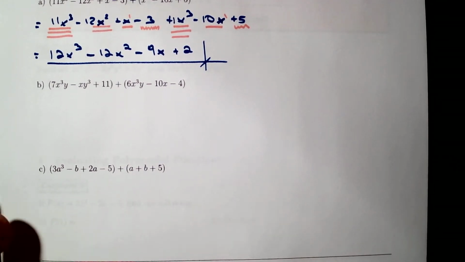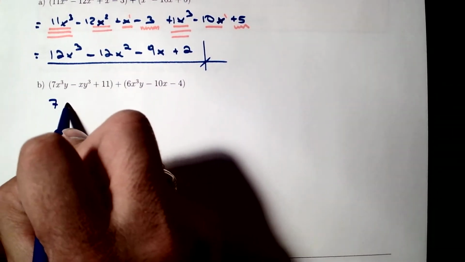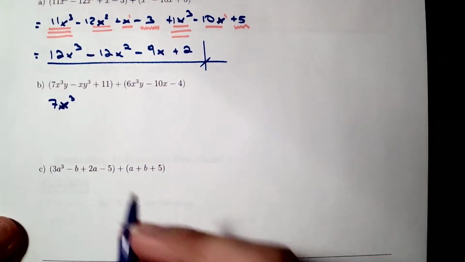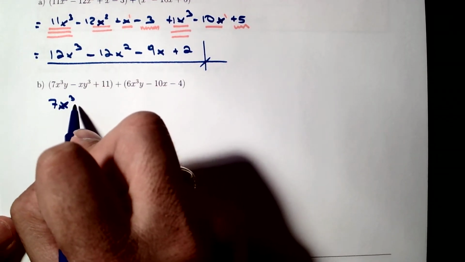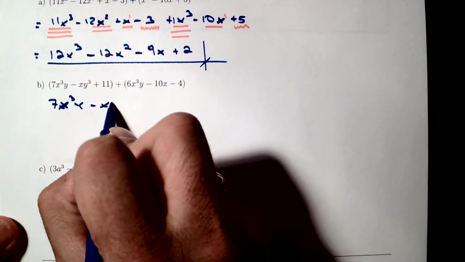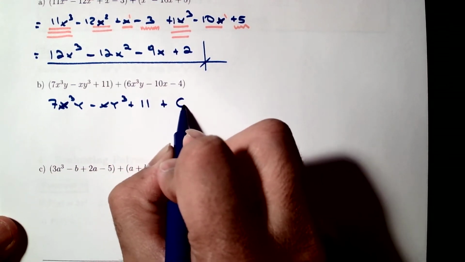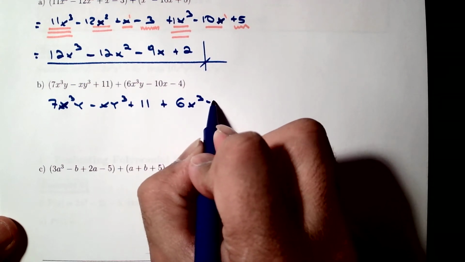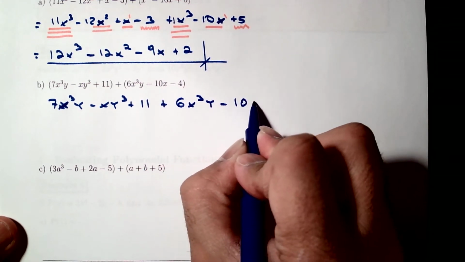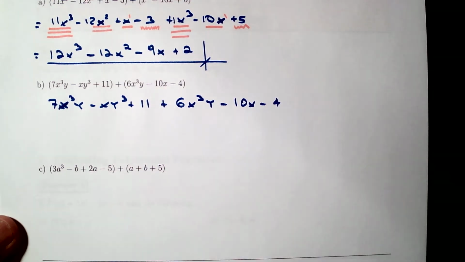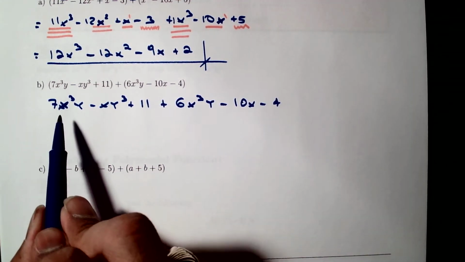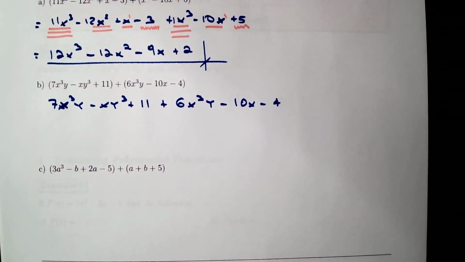Let's do another example. All we can do is simply get rid of the parentheses. Plus 6x cubed y minus 10x minus 4. In this case, I'm going to use a different way to group these terms.